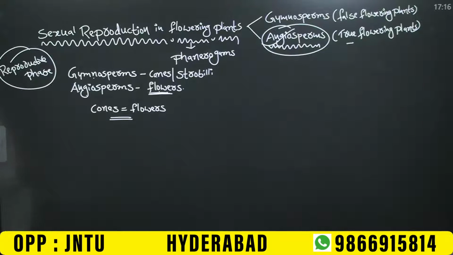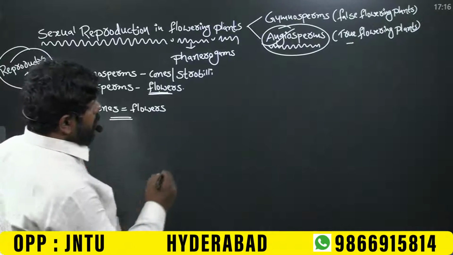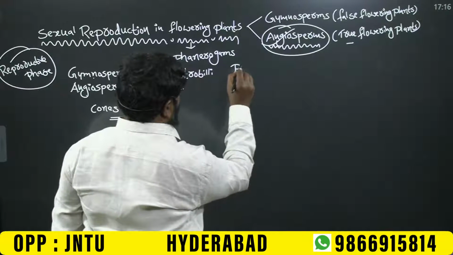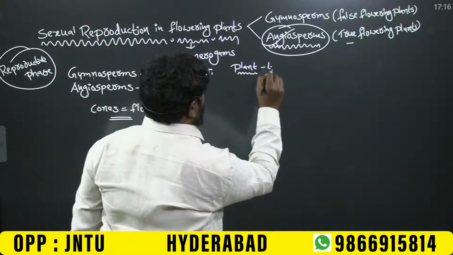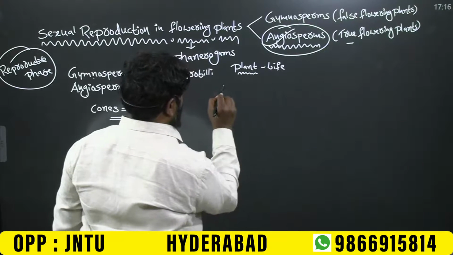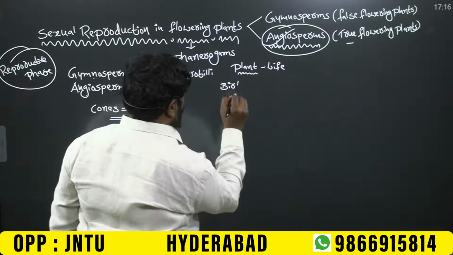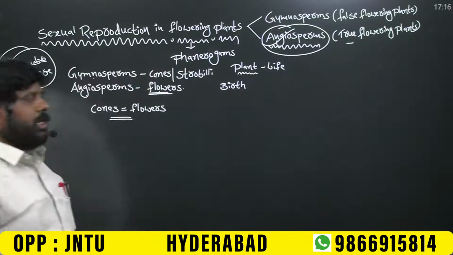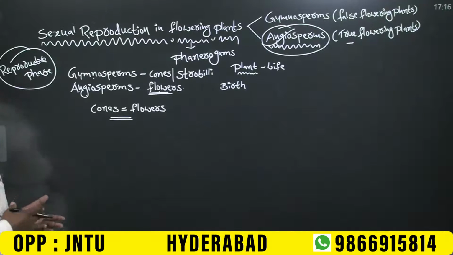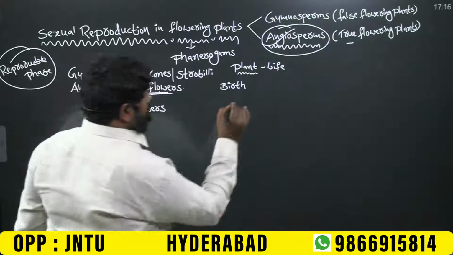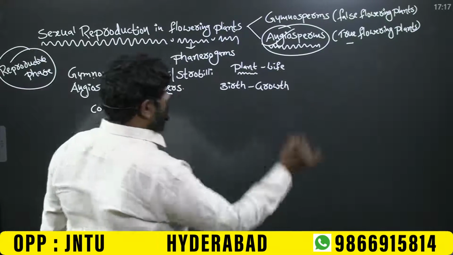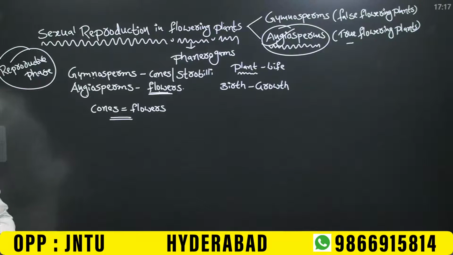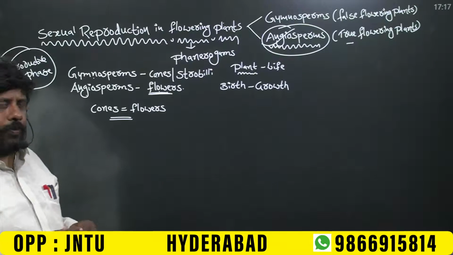And listen, for example, take one plant. Every plant's life starts with birth, correct? Every living organism's life starts with birth. After the birth, day by day, they participate in growth.